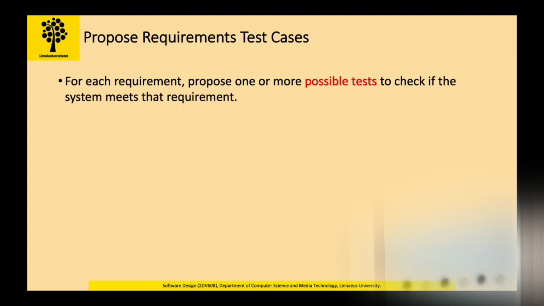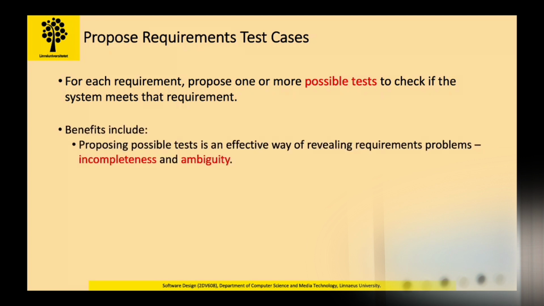Because for each requirement, you need to identify which aspect of the requirement you want to test. Defining a test case means you are saying, for this requirement I want to test this. And if you cannot say it, then your requirement has a problem.